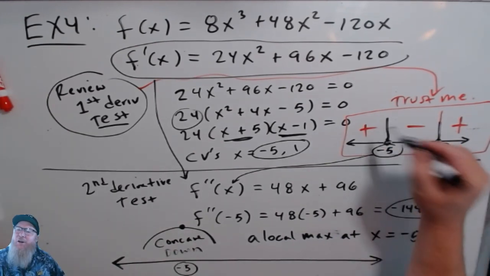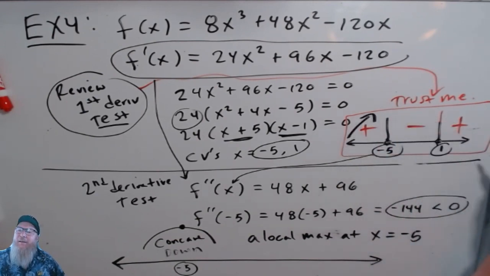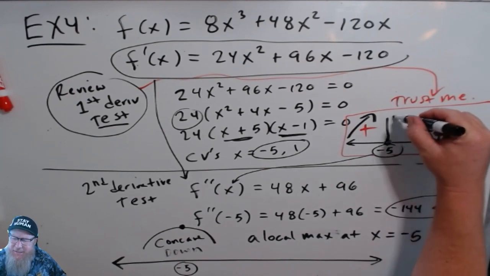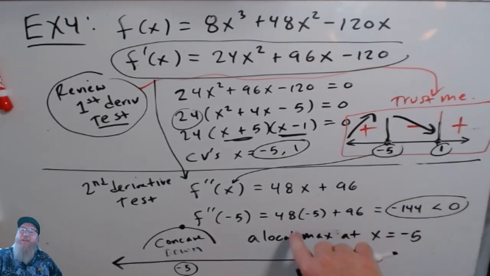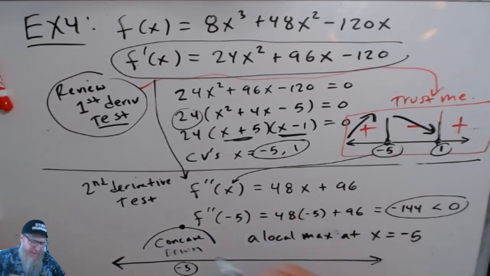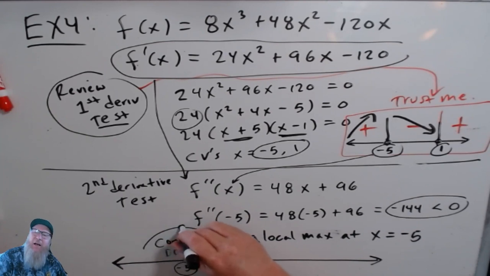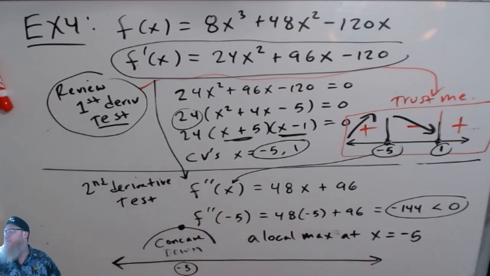You kind of already knew that because this is increasing, positive, and this is decreasing. So the second derivative test is just another way of confirming that this is a maximum value, and it also gives us what's called the concavity.